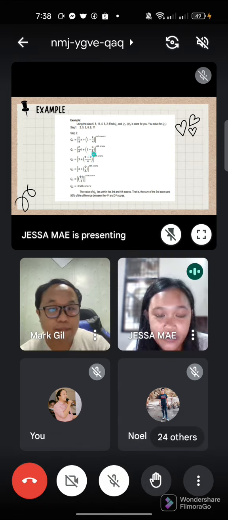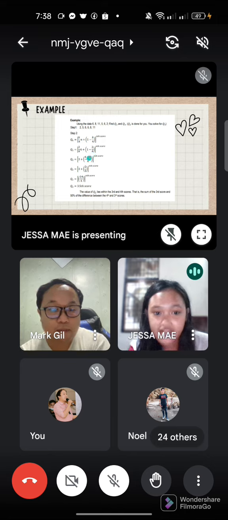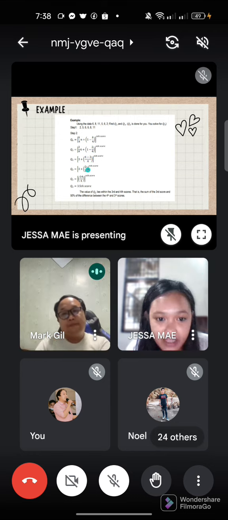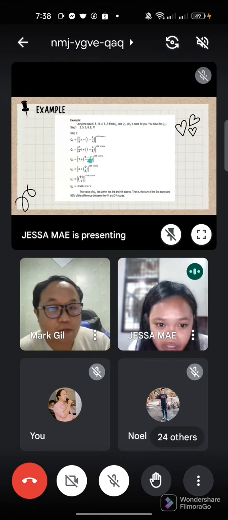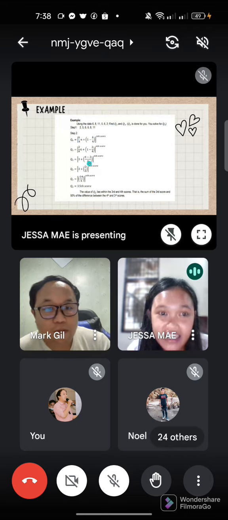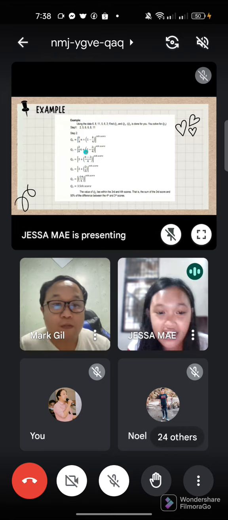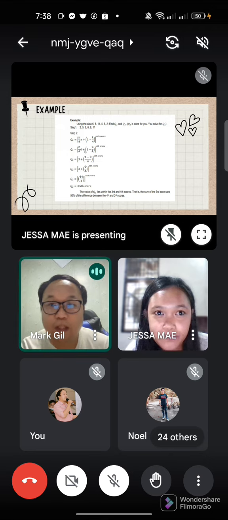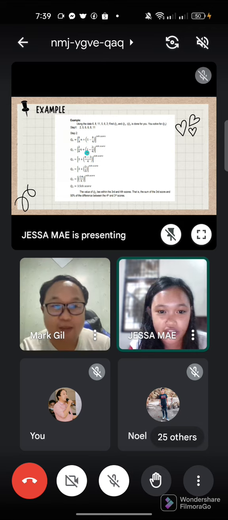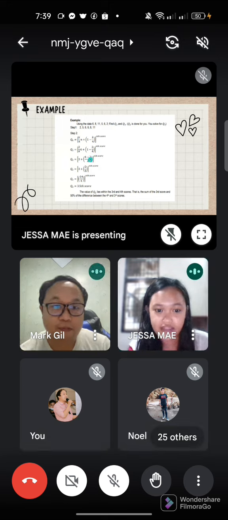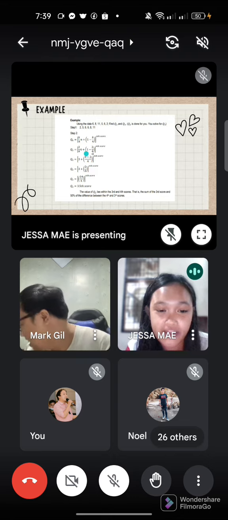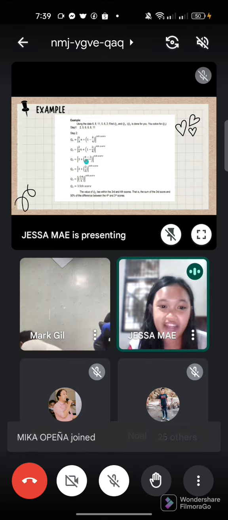We get their common denominator. 1 over 1 is 4 over 4, so 4 minus 2 over 4, because the 1 has an imaginary denominator, which is 4, and that is their common denominator.